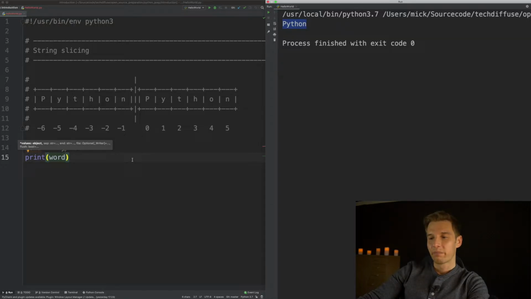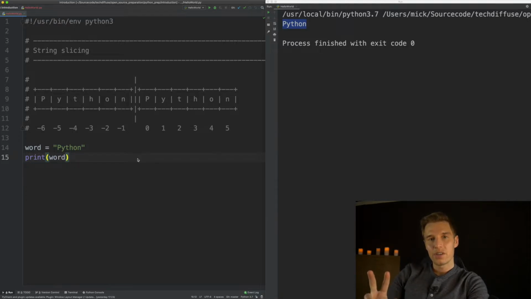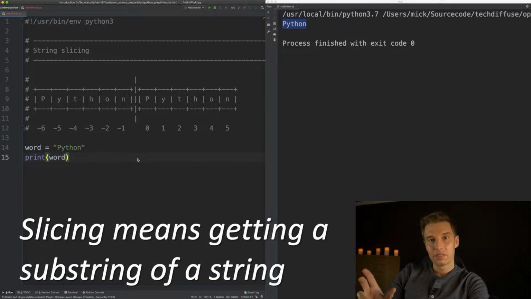That's good. Okay, the idea with string slicing is we put, as I said, 2 integer numbers, and we get a substring of the string. We print out a substring of the actual string. And this works like this. I will make it in the scheme first.